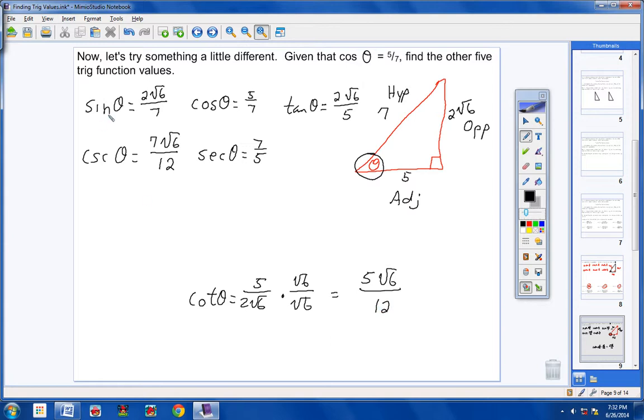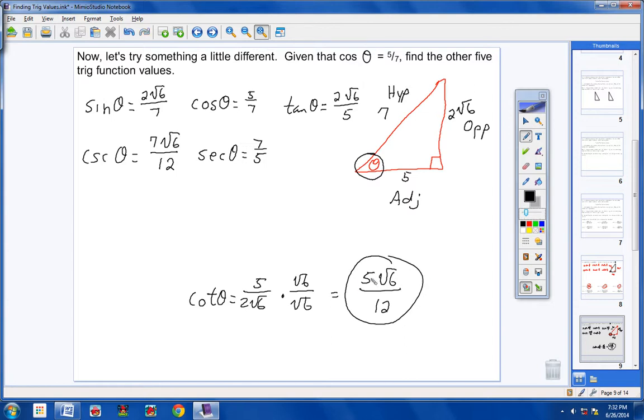And by the way, never reduce. See this 6, see this 12? A lot of you think you can put a 1 here and a 2 here, and that's incorrect. 6 is what we call an inside number. It's under the radical. 12 is what we call an outside number. It's outside the radical. So do not reduce an inside number with an outside number, okay? So you cannot reduce this.